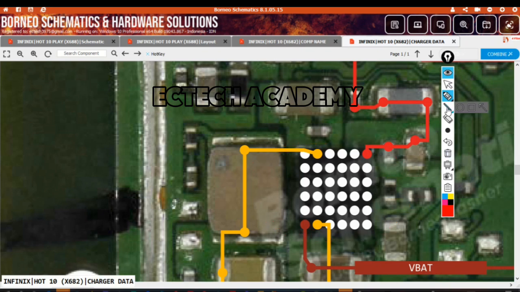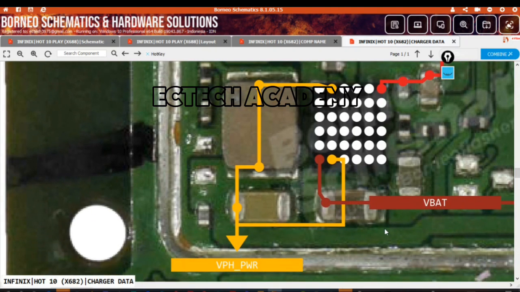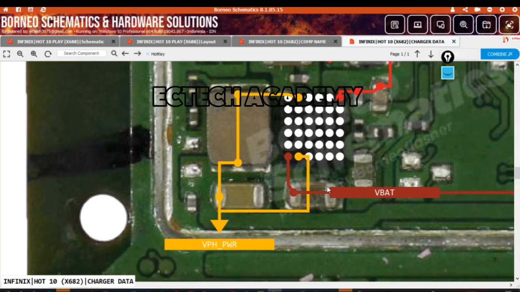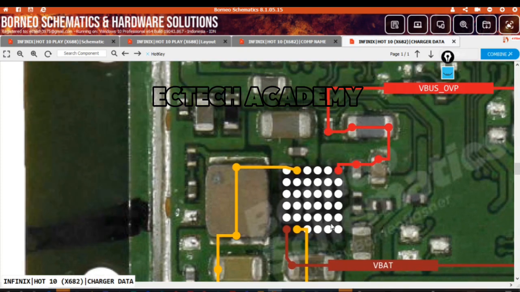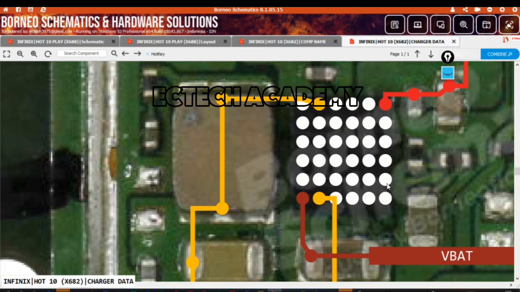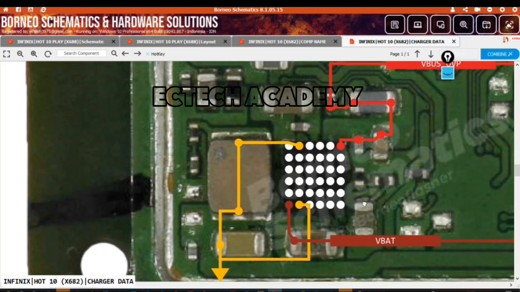But if the charging IC is not responsible for giving out vph power, or there is another DC to DC IC that is giving out vph power, then mind you, if you remove this charging IC, the phone will still power on, but the phone will not charge.